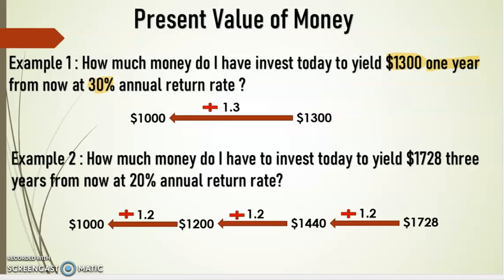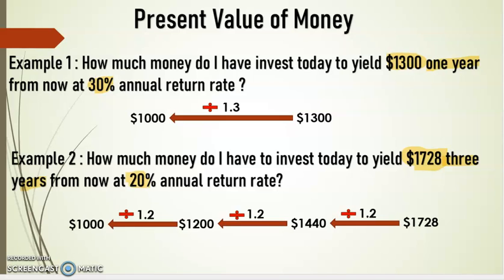Example 2 says, now the yield that you are expecting from your investment is 1,728, but you don't know how much you have to invest. So now we know how much you need after 3 years, and you know the annual return rate of 20%.